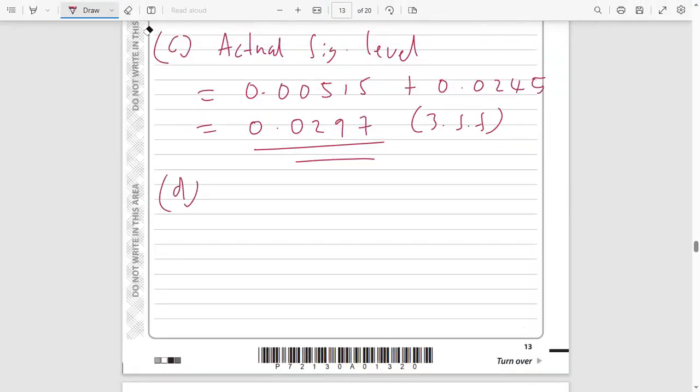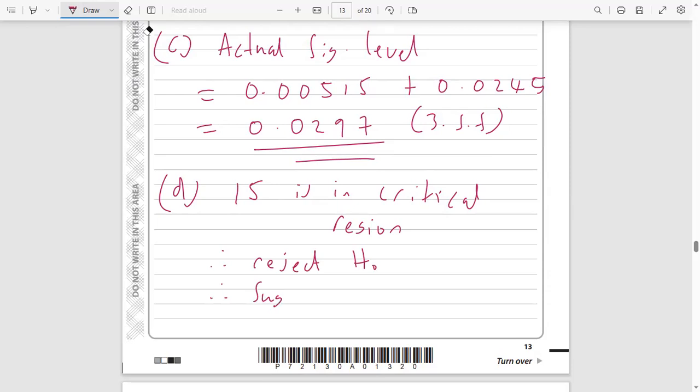So with part D, what we want to say is that 15 is in the critical region. So it's in our rejection region, and therefore we need to reject H0. We're going to reject our null hypothesis.